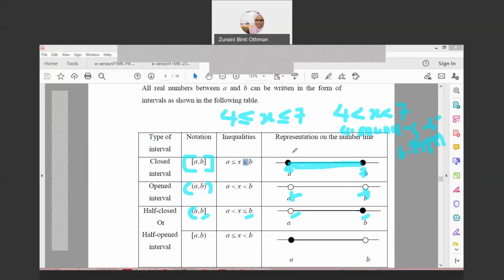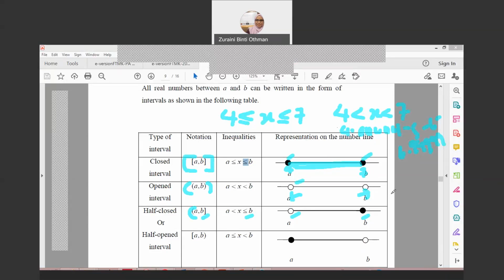If you see here, close interval termasuk A, fill in the A, and termasuk B, fill in the B. And if it is open interval, it's less than, dia not included A, so please don't fill the A, same as B here. Please don't fill the B because it's not equal to B and A.